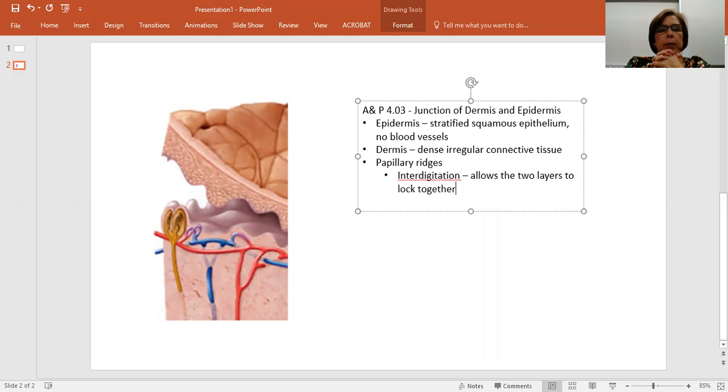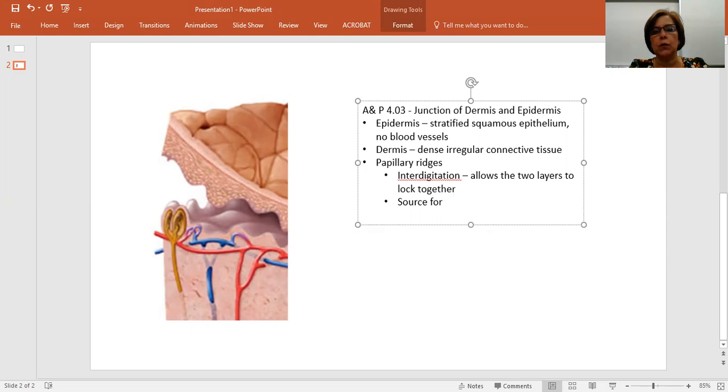The interesting thing about this, though, is if you look at your fingertips, this interdigitation and these papillary ridges come through. So you can see ridges on your fingertips. The papillary ridges are the source, I'm sorry, fingerprints. I was saying fingertips. I don't have time to re-record, so you're going to have to take this with all the mistakes.